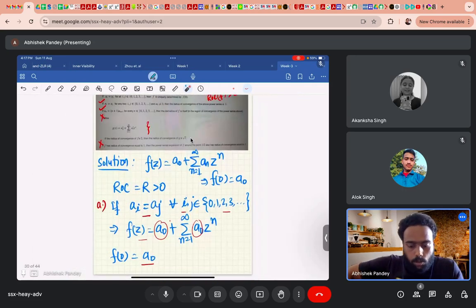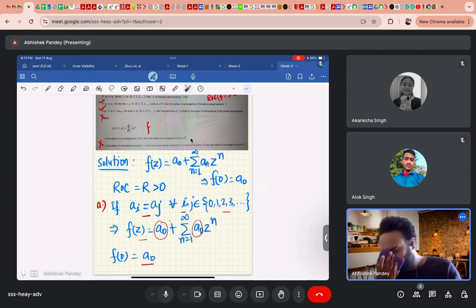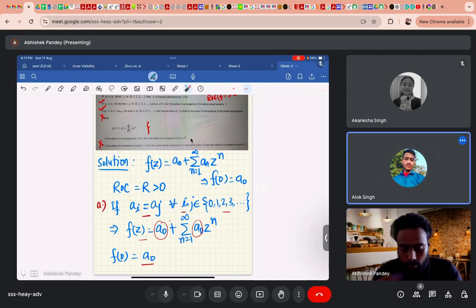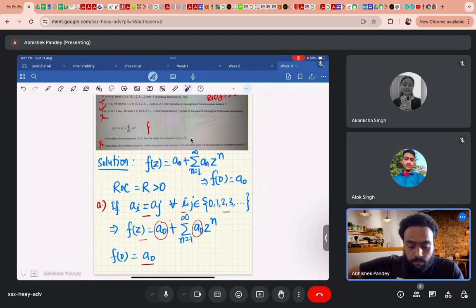So f of z is nothing but a naught plus summation a naught z to the power n, and f of 0 is a naught. So what would be f of z? In place of a naught, you can write f of 0. It means f of z is uniquely determined by only the value of f of 0.